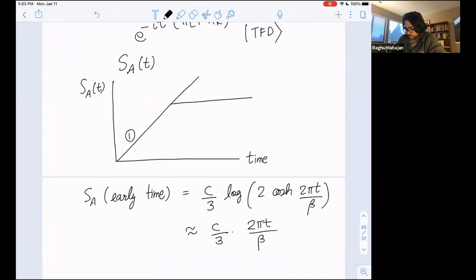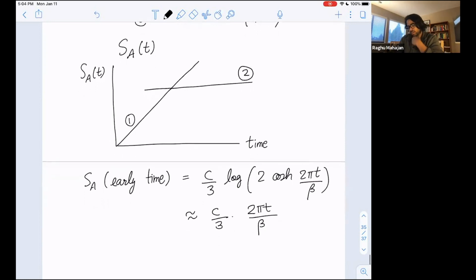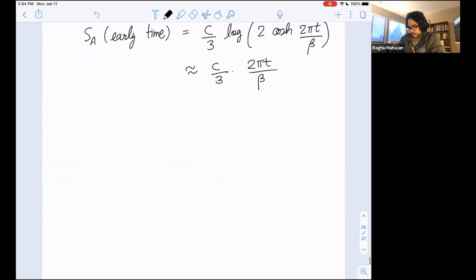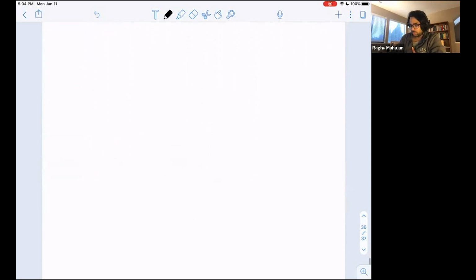So it's linear in time with a coefficient proportional to c. Okay, and then we started trying to compute the second curve, this phase 2 here. And for that, we said the quantum extremal surface is going to be important. And we wrote down the relevant JT gravity solution.